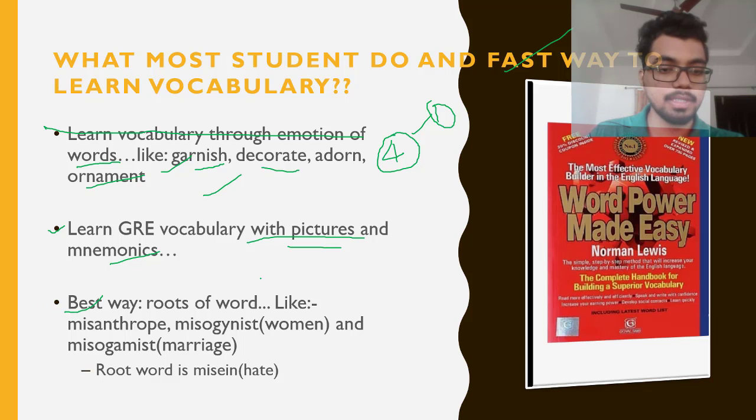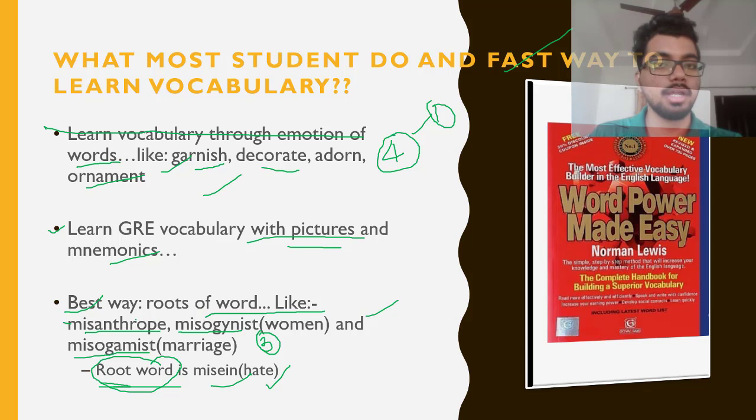The third way, which many students use, is to learn the word through its root. The three words I have given are misanthropist, misogynist, and misogamist, which come from the same root, that is mis. Mis means hate. The first, misanthropist, is a person who hates humankind.